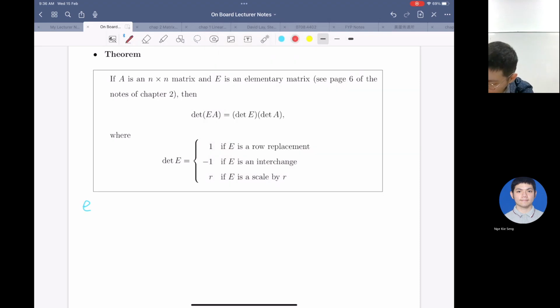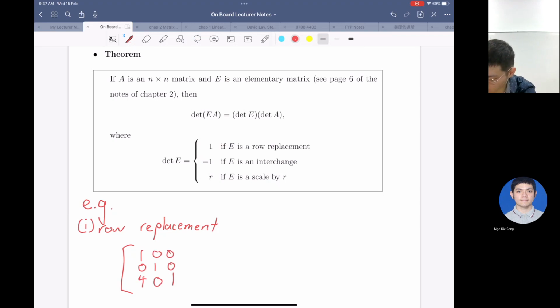Let's remind ourselves what these 3 elementary matrices look like. For row replacement, we will have something like 1 1 1 0 4 0 0 0 0.